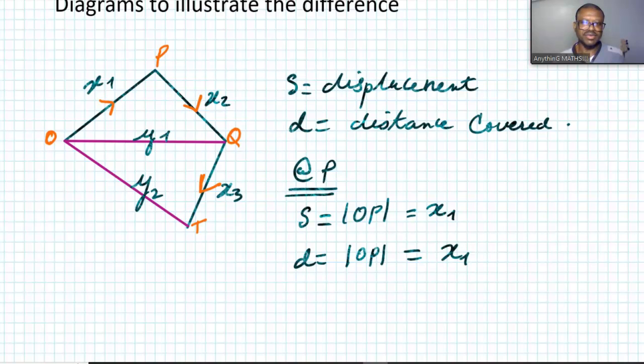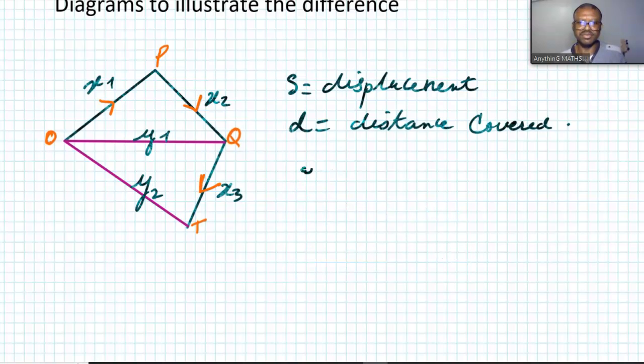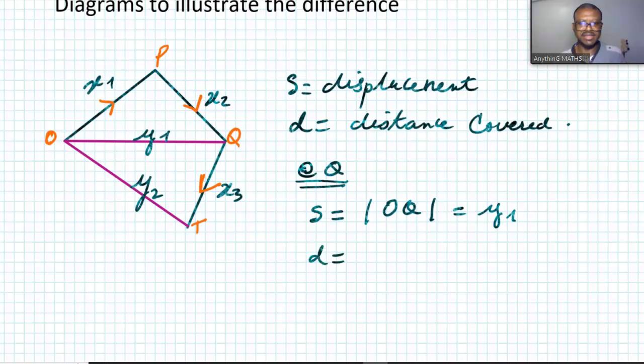What about when you move from P to Q? At Q, the displacement is OQ, which is y1, but the distance is OP plus PQ, which gives you x1 plus x2.